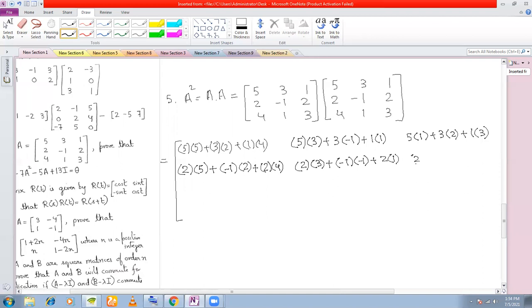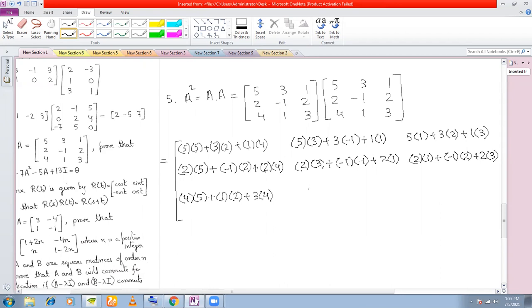So 2 into 1 plus minus 1 into 2 plus 2 into 3. Okay. Next, third row with the first column. You get 4 into 5 plus 1 into 2 plus 3 into 4.